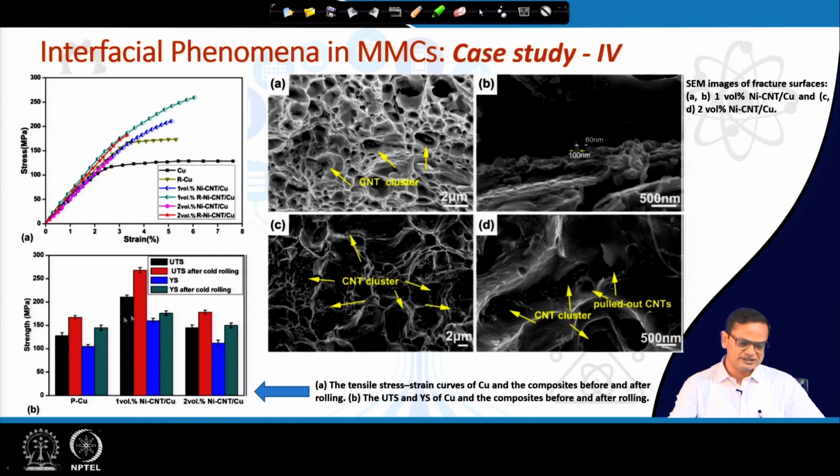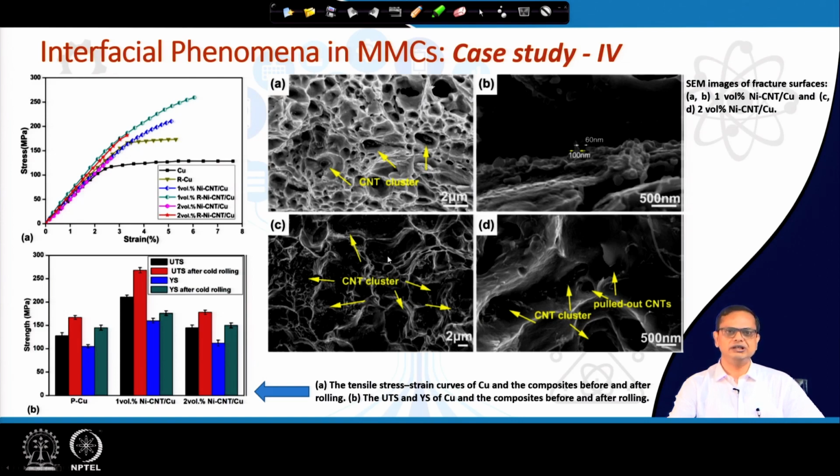In all cases you can see UTS has increased after cold rolling. Now, if you compare pure copper and copper CNT, there is again an increase in both yield strength and UTS, and when it comes to 2 volume percent, because of the agglomeration problem, again you can see a certain decrease in the value of yield strength and UTS.